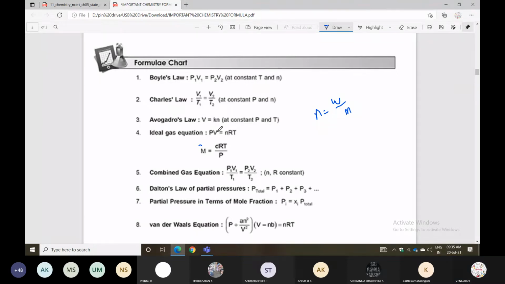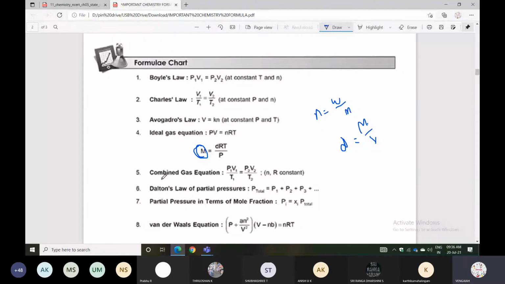Here volume is given. Generally, density is nothing but mass by volume. Then volume is nothing but mass by density, you can write down. So you can substitute all things. Then you can write M equal to dRT by P.